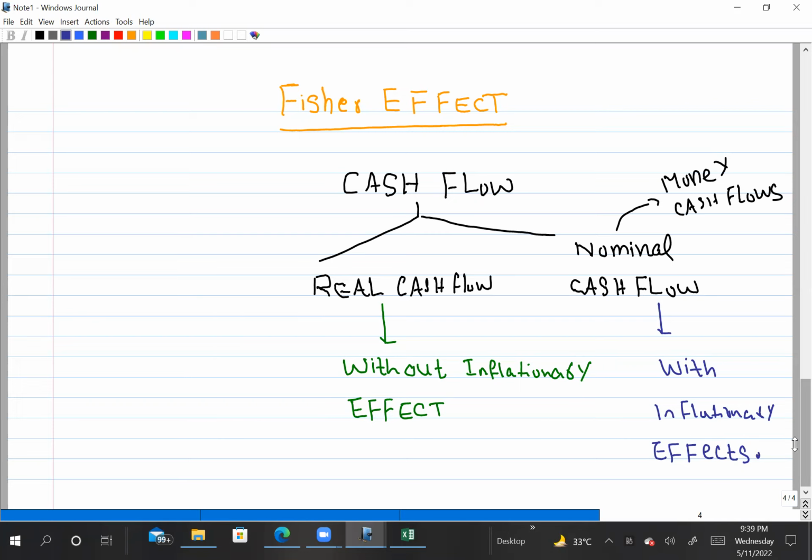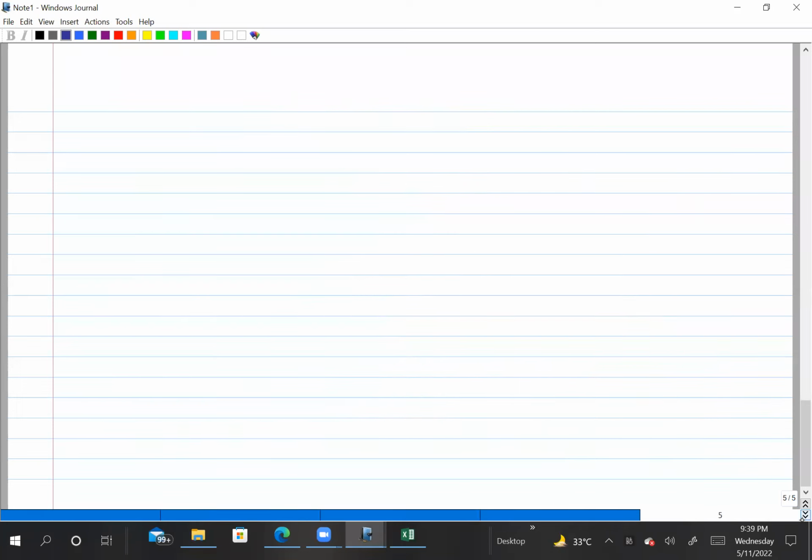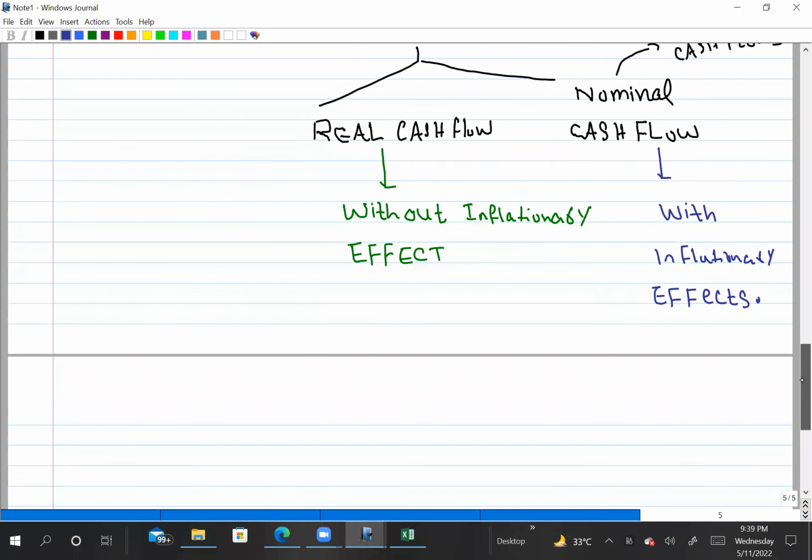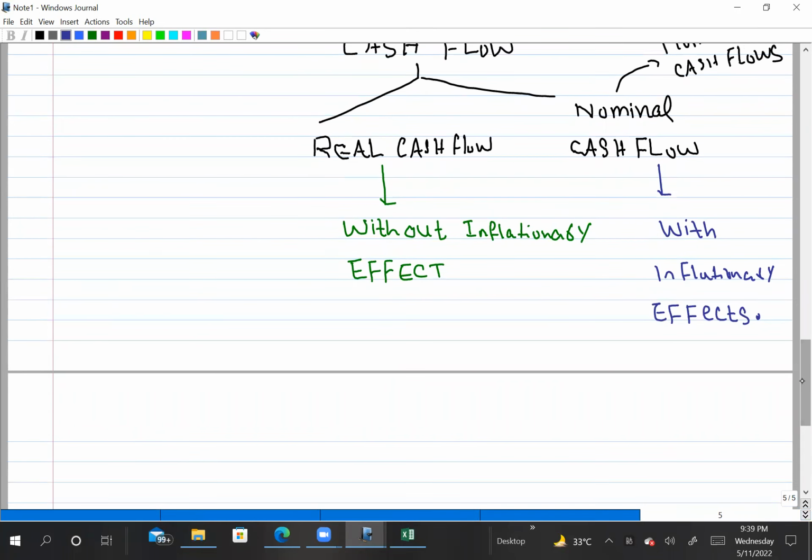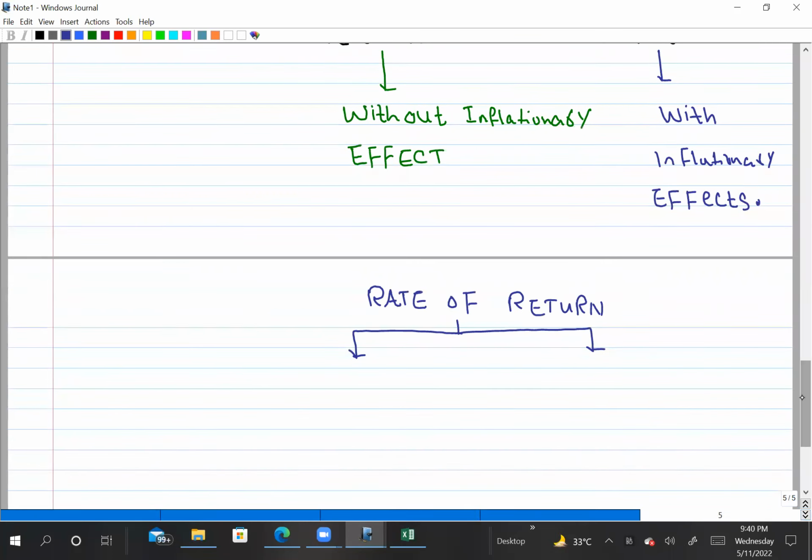Now, similarly, the discount factor which we use to discount the cash flows, which is also known as rate of return, also has two types.